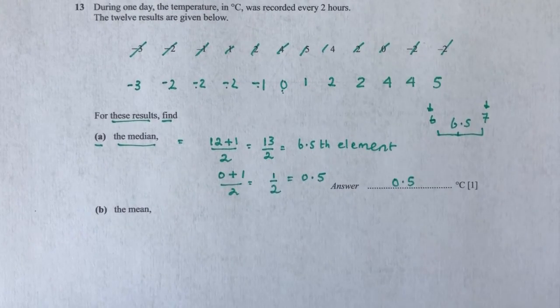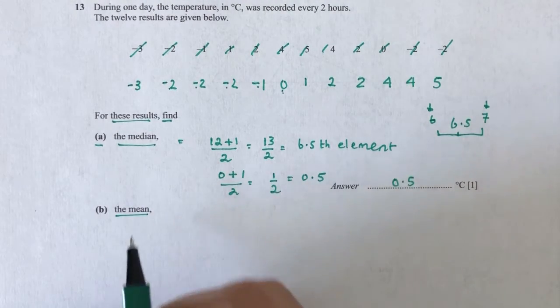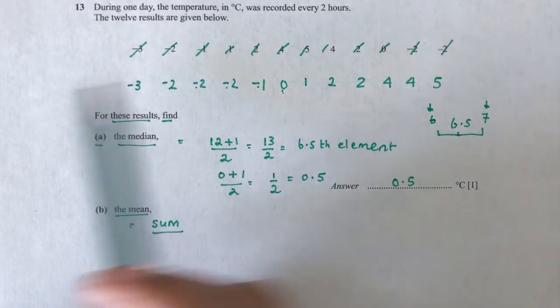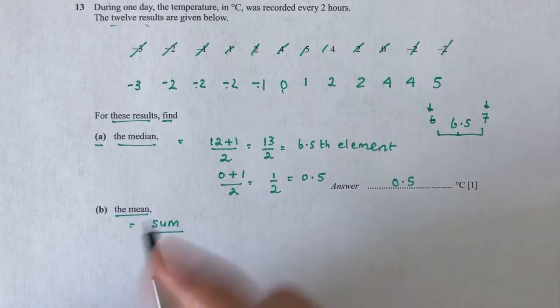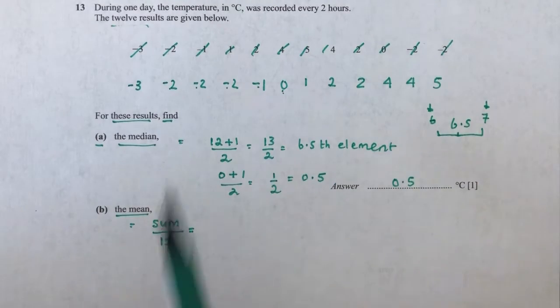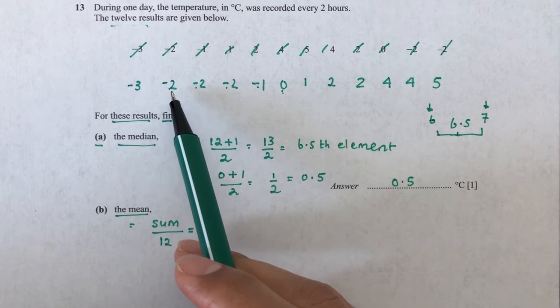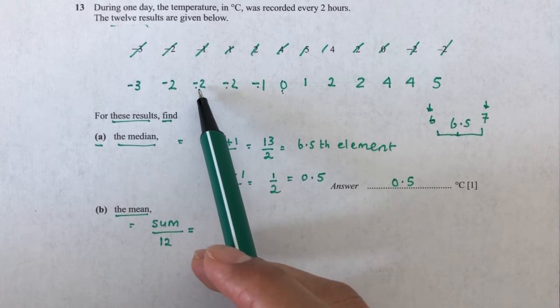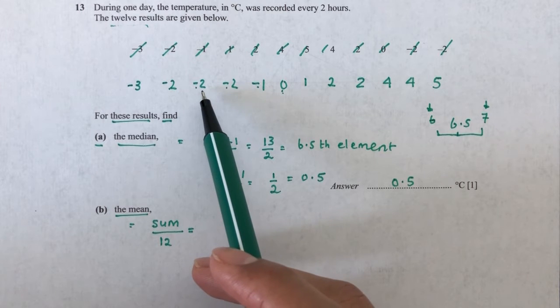Now part B, find the mean. The mean is the sum divided by the number of results, which is 12. Okay, so let's find the sum of every number. So we have minus 3 minus 2, it will be minus 5. Minus 5 plus minus 2, minus 7.